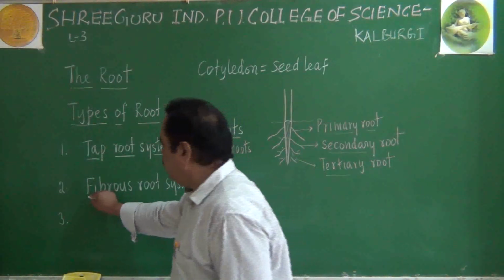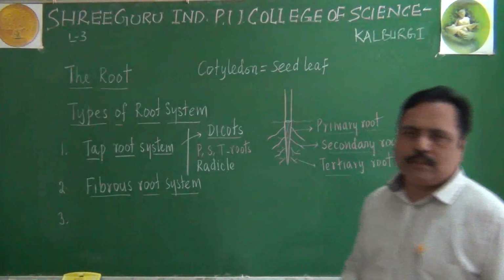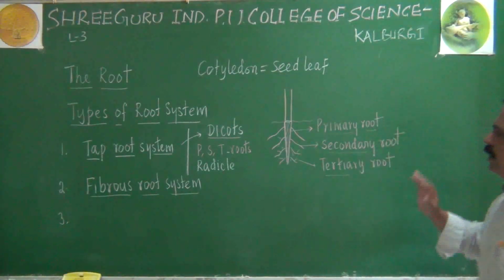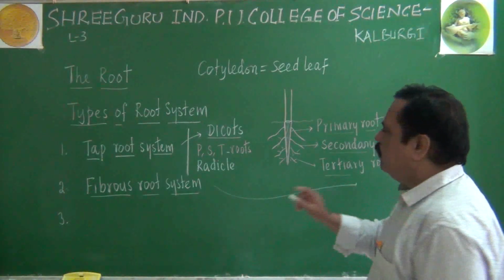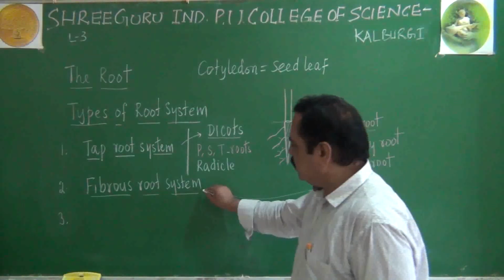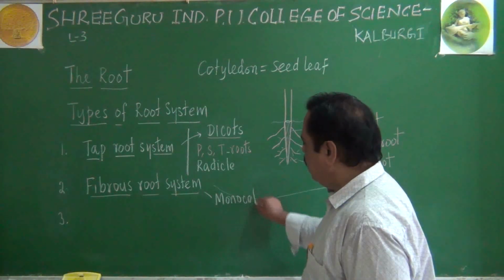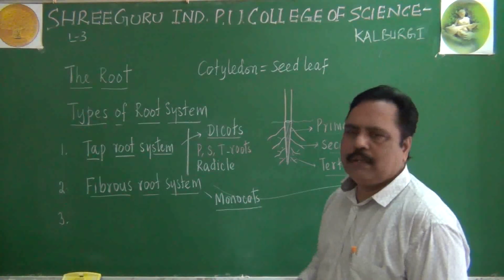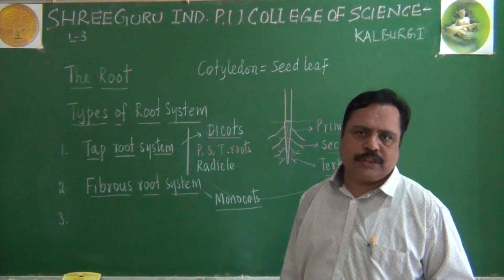Now, where do we find the fibrous root system, and what are its characters? We can see the fibrous root system mainly in the monocots. Dicots exhibit taproot system, whereas monocots exhibit fibrous root system.